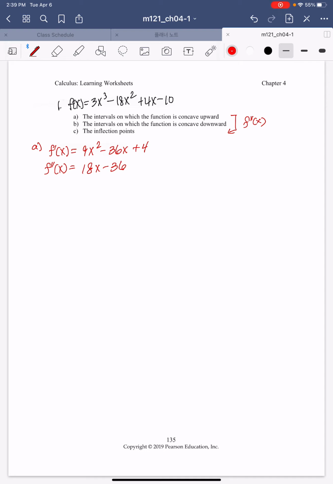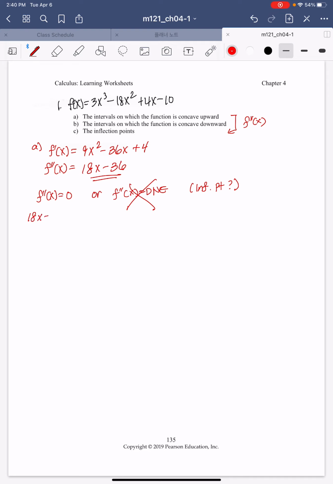Now, let's set it equal to 0, or where it does not exist. These are the numbers that could be my possible inflection points, and then we use those numbers to partition the number line. Now I know this is a linear function, so it will exist everywhere. The domain is all reals, so I'm not getting any value from the second case, only the first scenario.